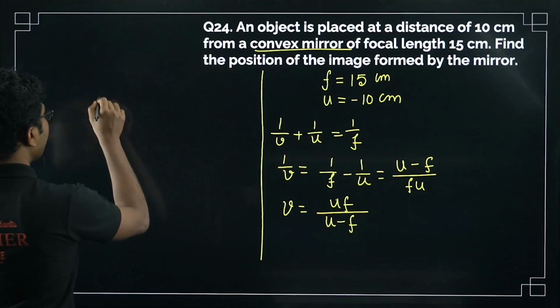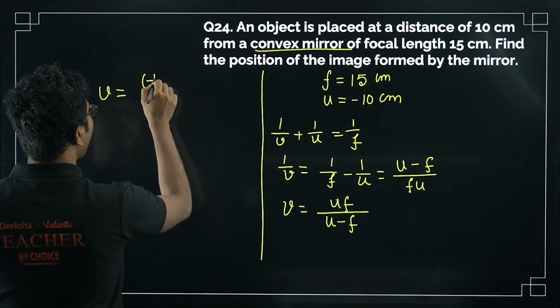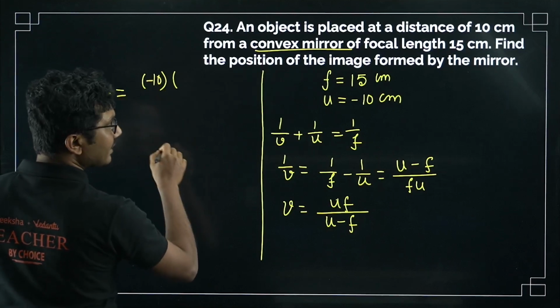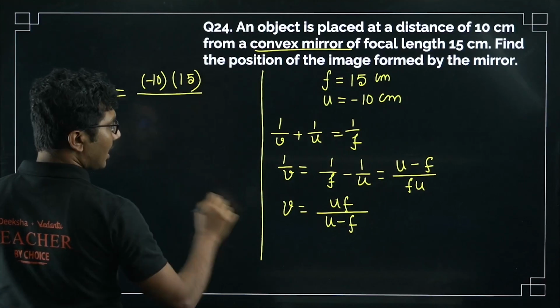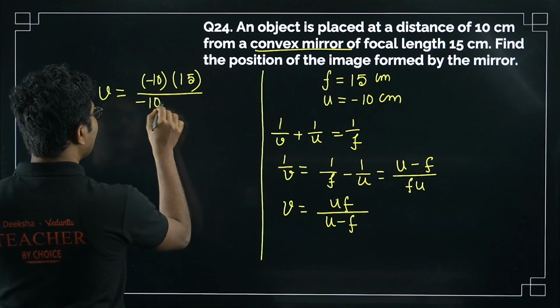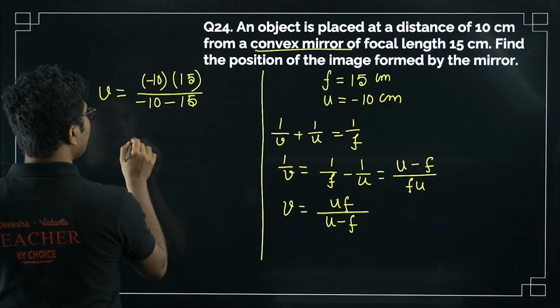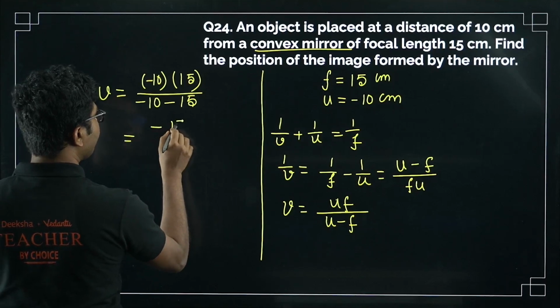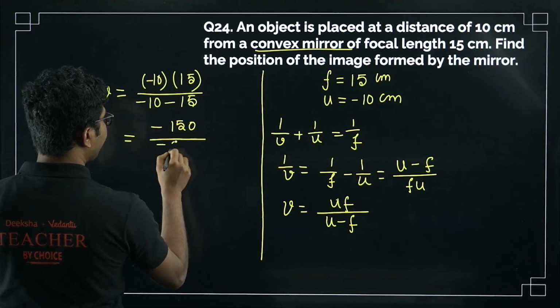Now put the values. v equals u is minus 10, f is plus 15, divided by minus 10 minus plus 15, that is 25. So it will be minus 150 divided by minus 25.